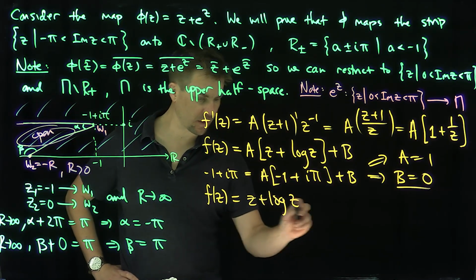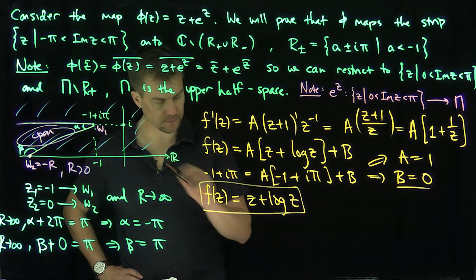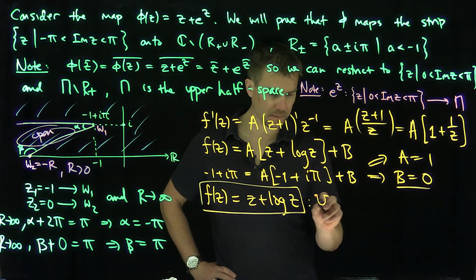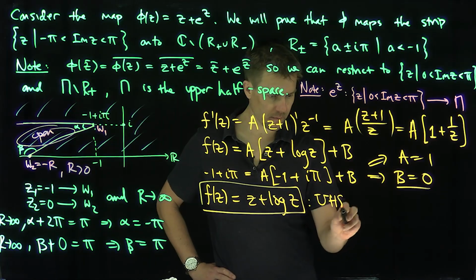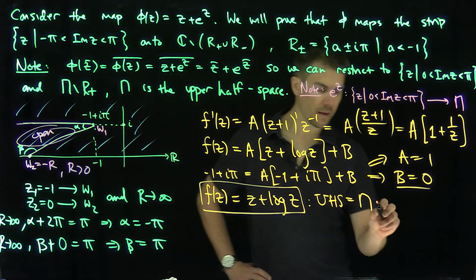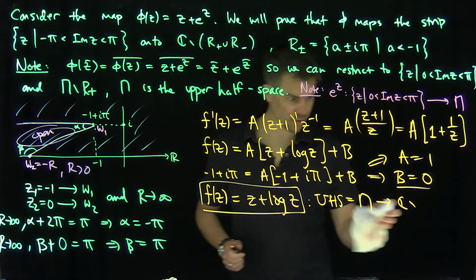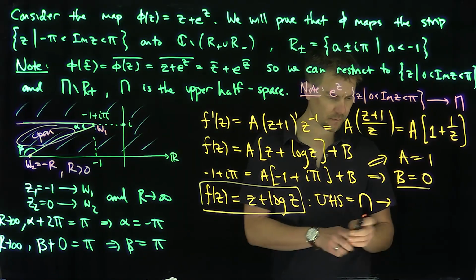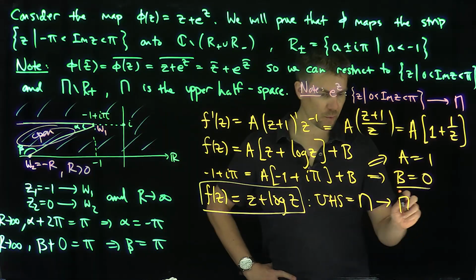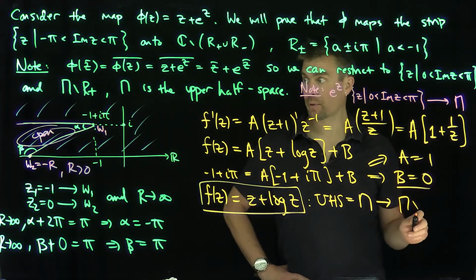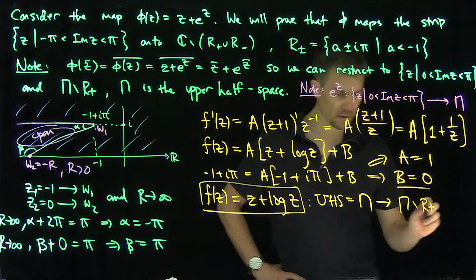Now you might say, how does this help us over here, right? So this maps the upper half space, which we're calling pi, onto the upper half space minus this ray r plus. Good.